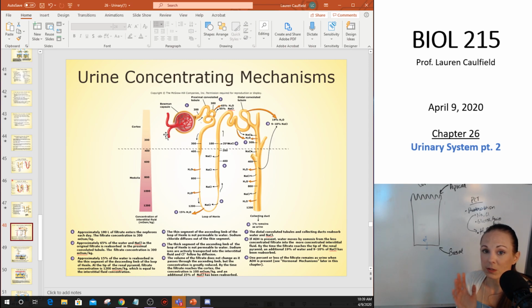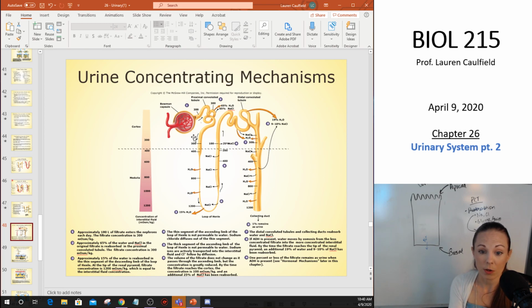And if you think about this logically, it makes sense as to why we are moving water on one side and we're moving solutes on the other side. Remember, the movement of water, osmosis, is driven by concentration gradient, specifically by the concentration of solutes.